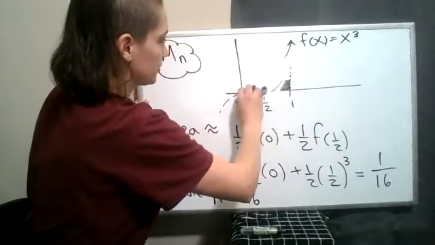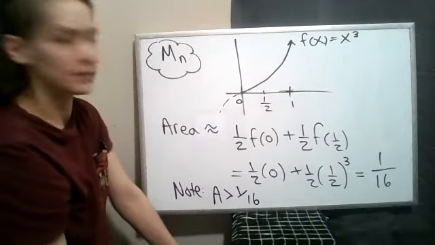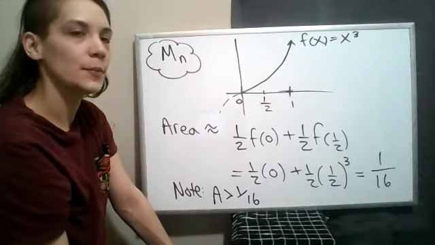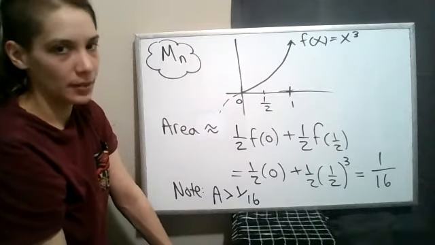So we're looking at f of x equals x cubed. Our interval goes from 0 to 1. We make two subintervals. Each has width 1/2. And this time we're going to use the midpoint.